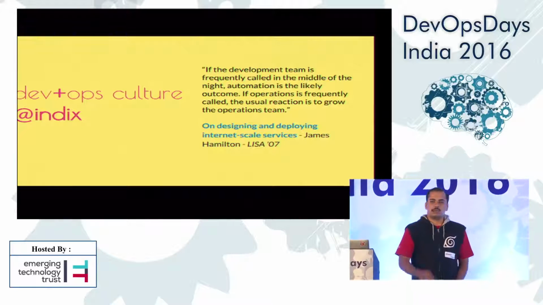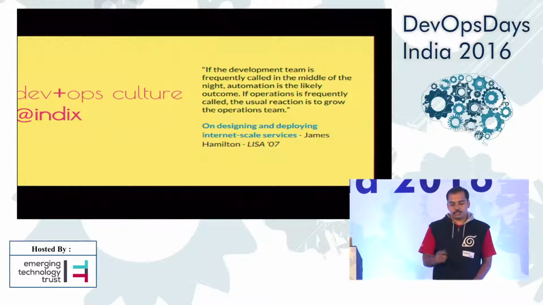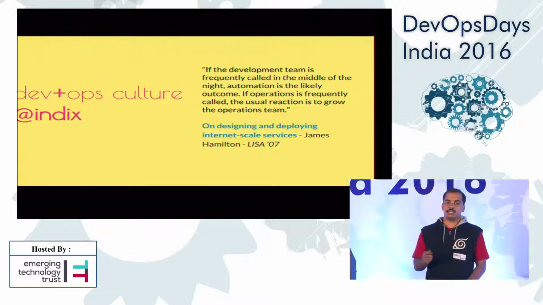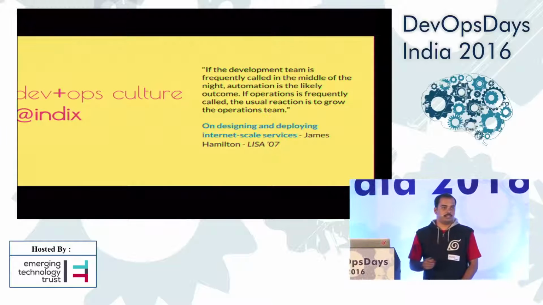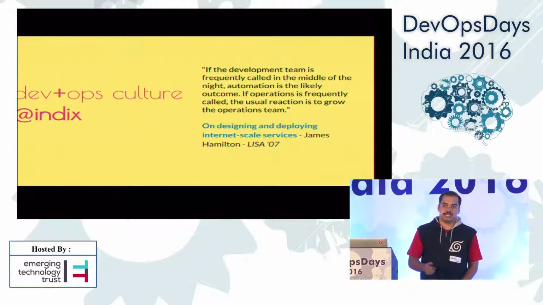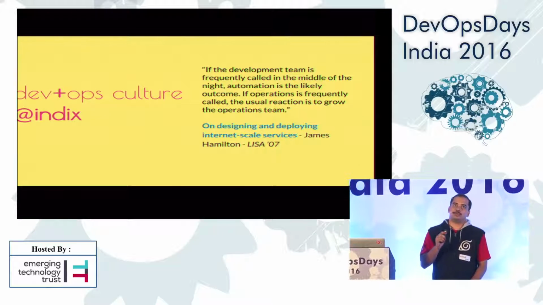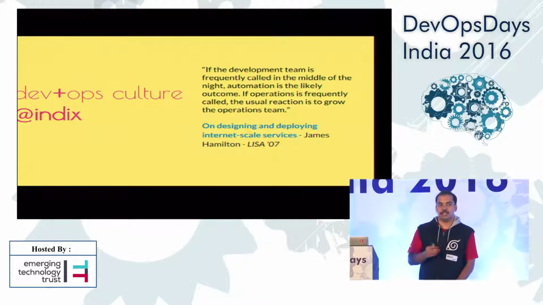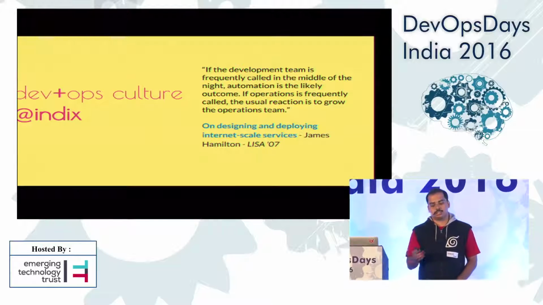What's a talk if you can't start off with a quote from one of the research papers? This quote is from a paper called On Designing and Deploying Internet Scale Services by James Hamilton. He was part of the Windows Live platform team, and this paper was published in 2007, maybe 3 to 4 years before Netflix started launching their toolkits with Chaos Monkey and all that.